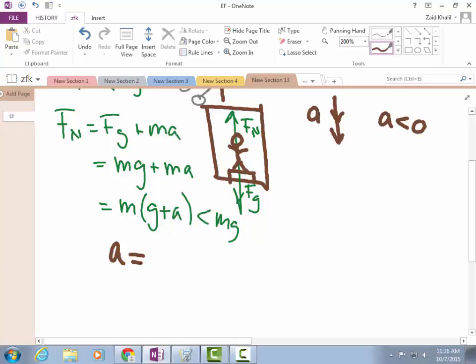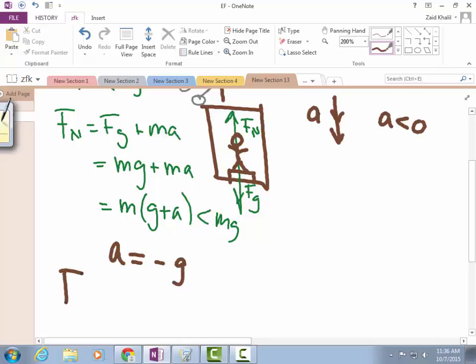Gravity. Wait, no. Be very careful. What are we calling up? Positive. So I'm accelerating down at a magnitude of g, so the acceleration is negative g.